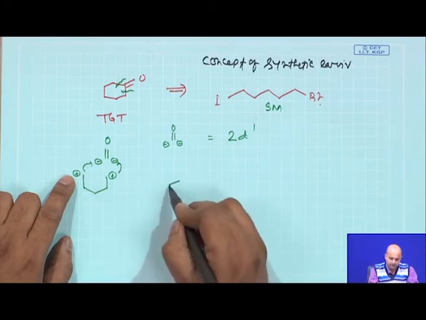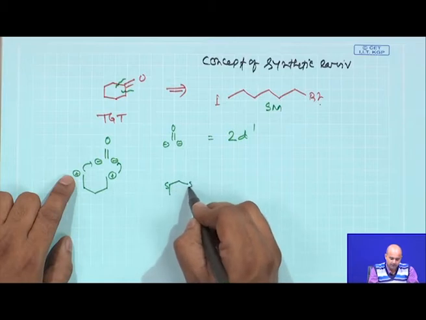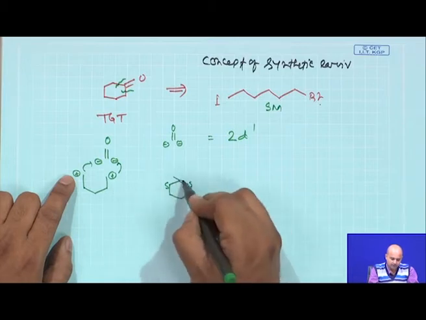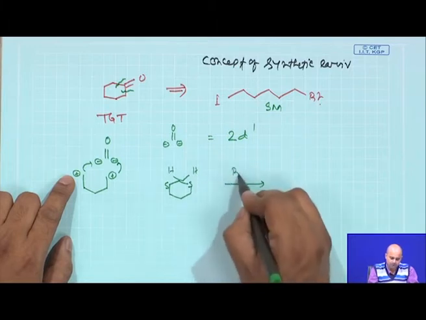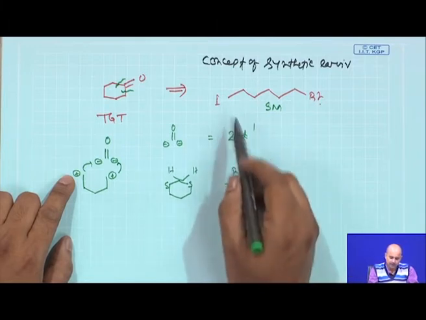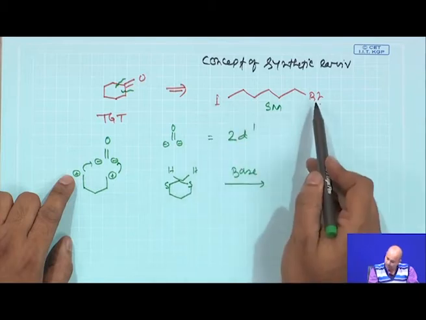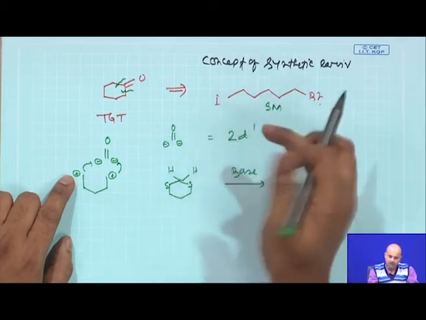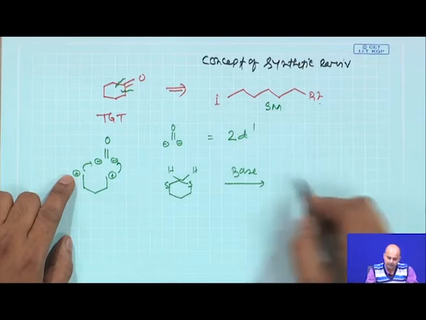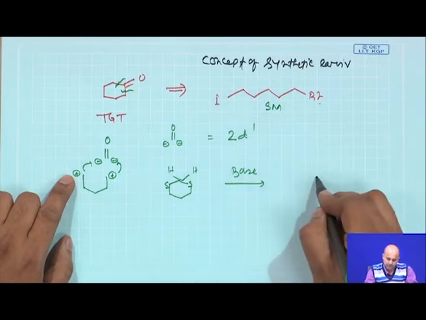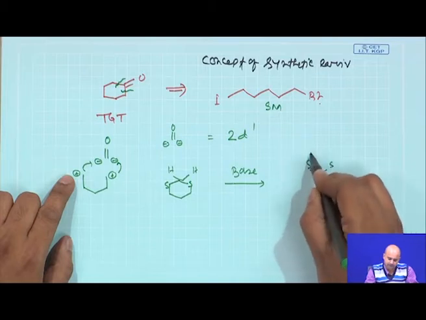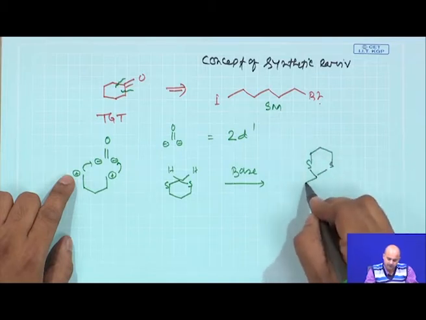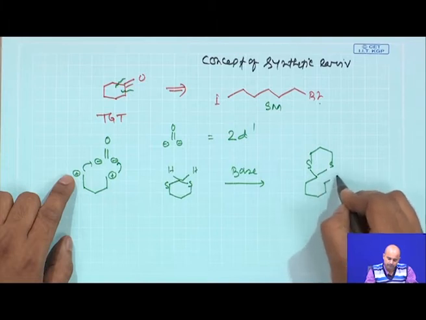You first take the formaldehyde 1,3-dithiane, react with one equivalent of base and react with this iodo or bromo; the iodo is supposed to be more reactive. So, first you react with this entire thing and you get this compound, with this bromo.